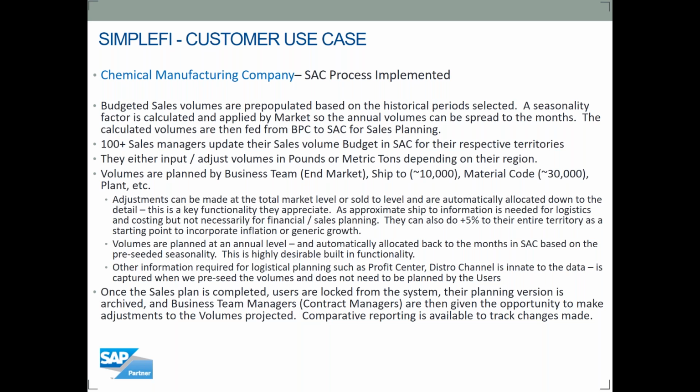Because we use that historical data to pre-seed it, it already has the profit center assigned. If a profit center transfer is needed downstream, the BPC financial administrator performs that transfer, as opposed to pushing that to the salespeople, who don't have visibility into that information anyway.